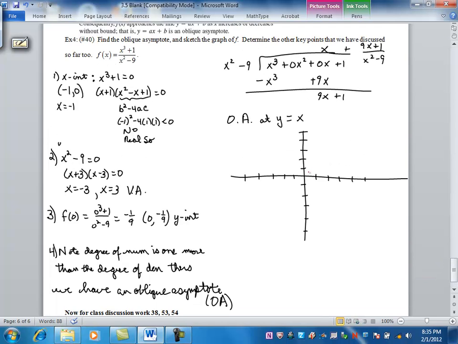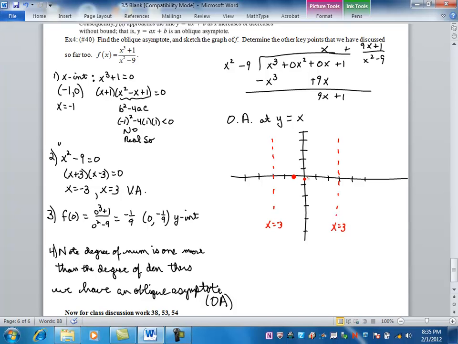And let's see, we've got an x-intercept at -1, 0. We've got vertical asymptotes at x equal -3 and at x equal 3. What else do we know? Well, we've got a y-intercept at 0, -1/9. So right here below the origin is a y-intercept.